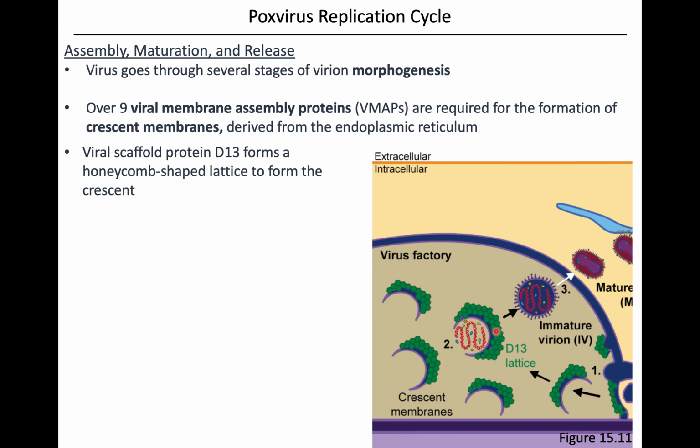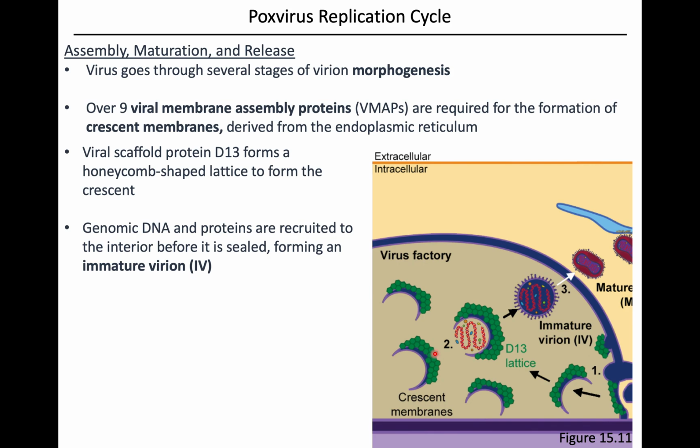Then these crescent-shaped membranes attract some of the viral proteins that were being made, as well as the viral DNA, and it will eventually completely enclose all the necessary proteins and the nucleic acid, and seal it up and form what's called the immature virion, which is shown here.